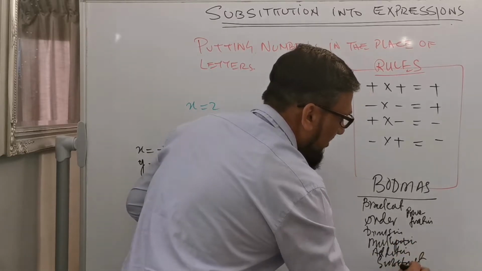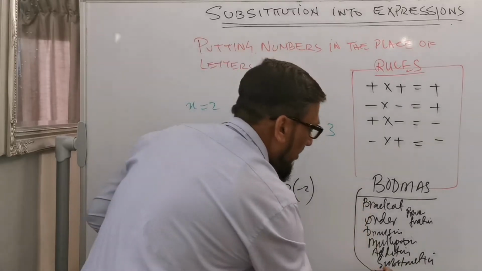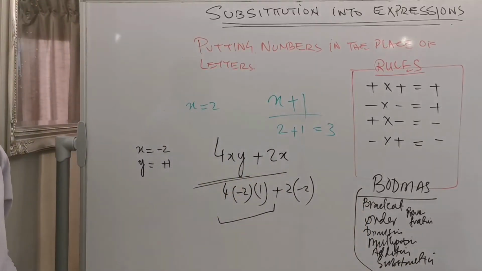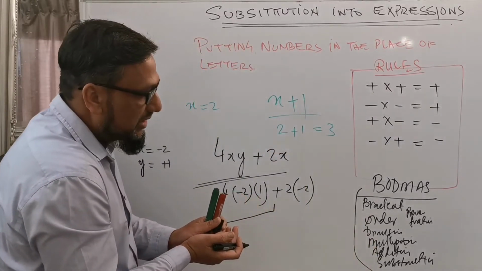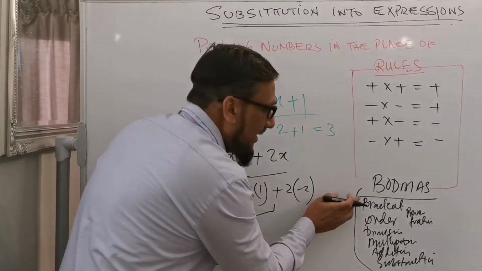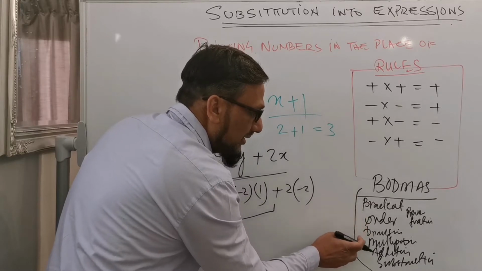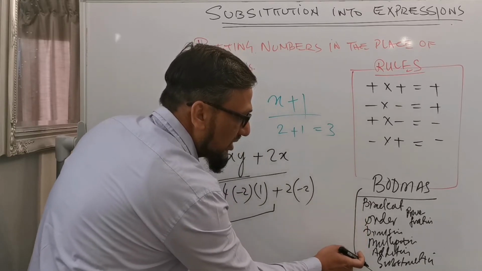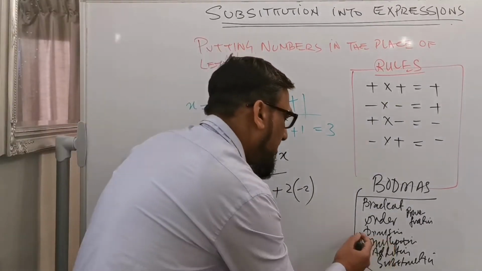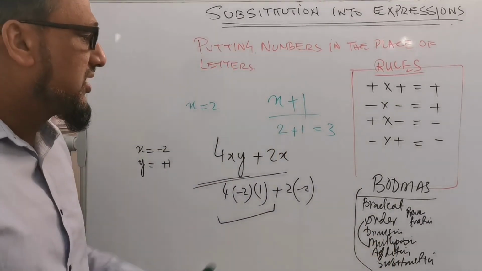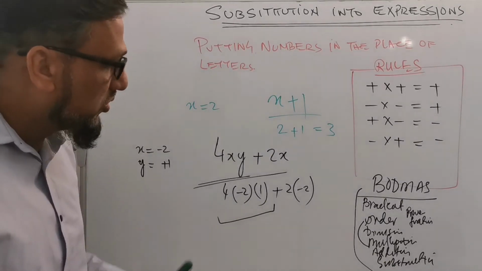You need to follow the same rule for solving this expression. Division and multiplication, whichever comes first, go from left to right.